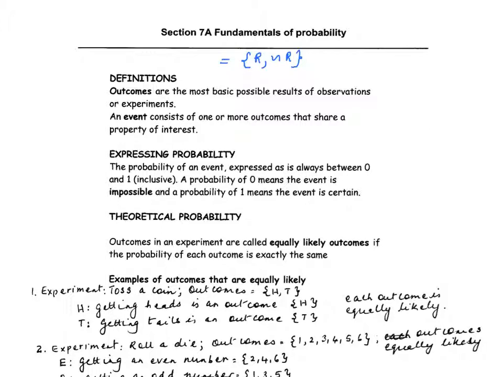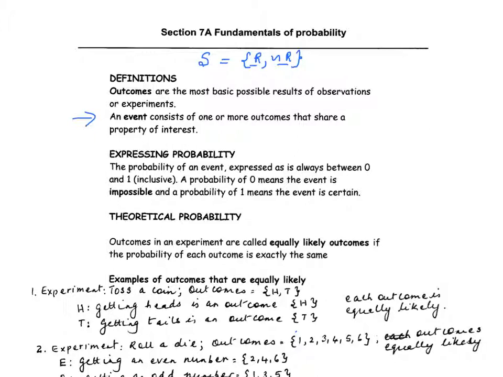So let me call it S. So if the only two outcomes I'm interested in are whether it'll rain or not rain, then those are the only two outcomes of this experiment. Now, each outcome can be considered as an event. So, what's an event? An event is either one outcome or a set of outcomes, one or more outcomes.